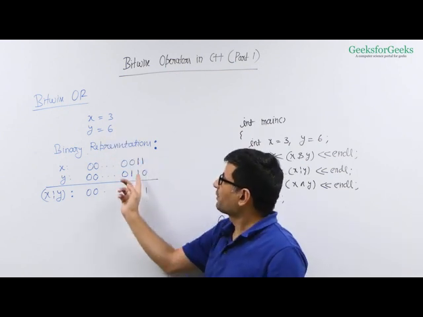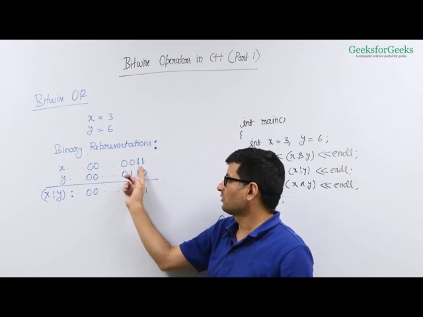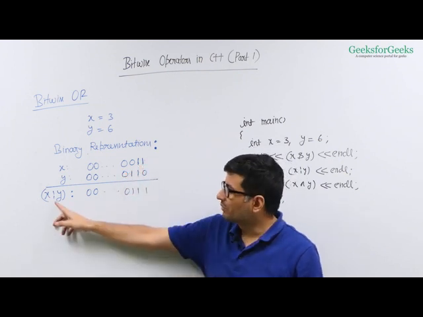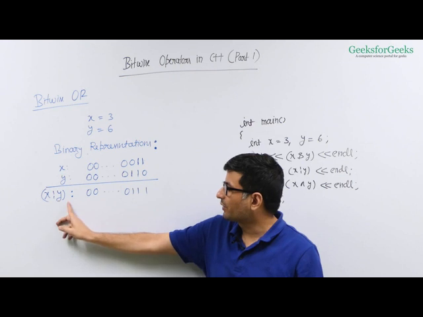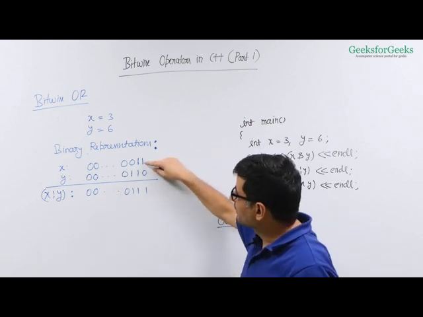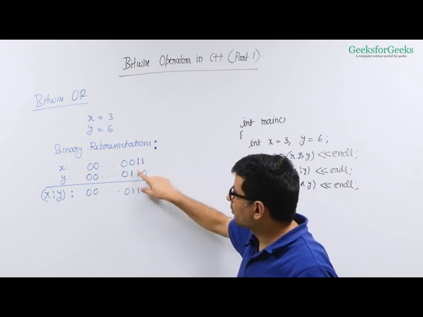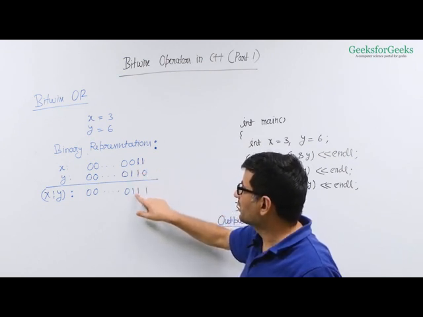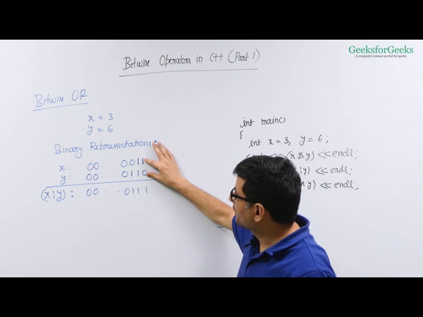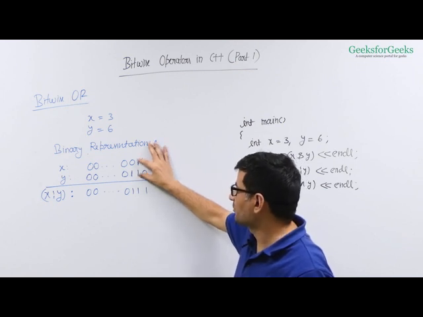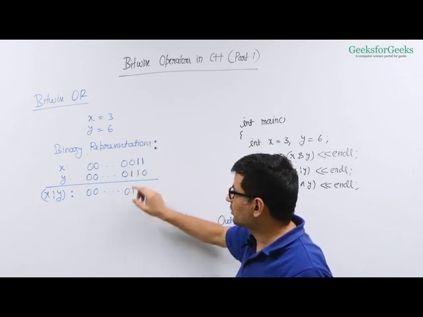So 3 and 6, their binary representations are these, and when you do bitwise OR of x and y, let's see what we get. 1, 0 bitwise OR is going to be 1, 1, 1 bitwise OR is going to be 1. Why is it 1? Because one of the bits is set. Here both are set, so 1. Here again one bit is set, so 1.